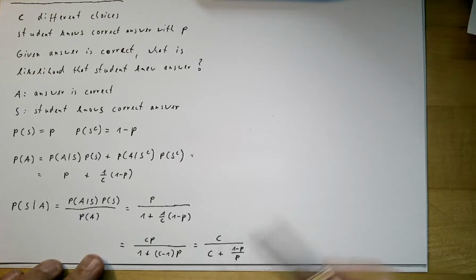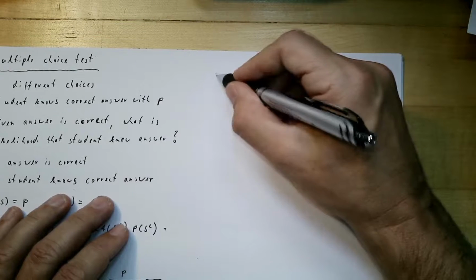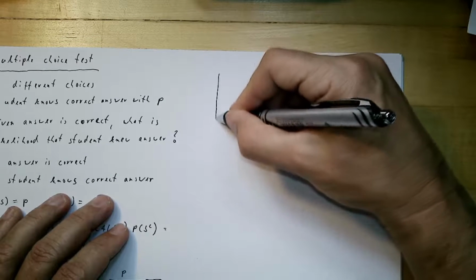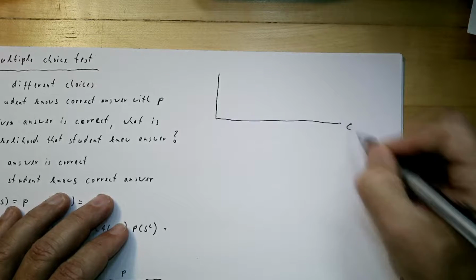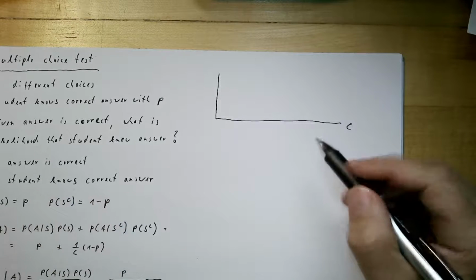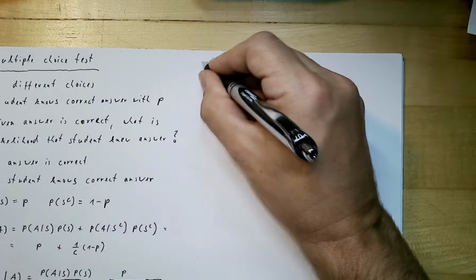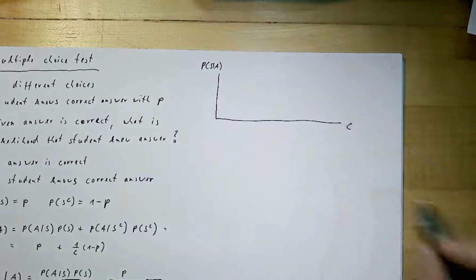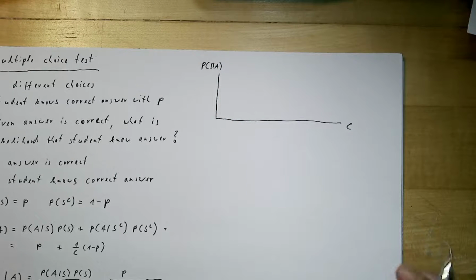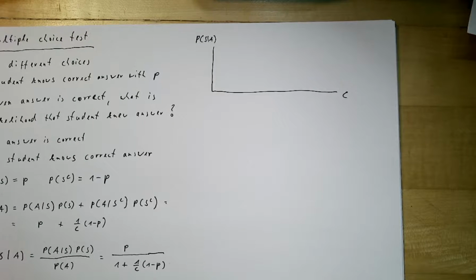So I now want to graph this. That's C, my number of choices, and what I want to know is this conditional probability that the student really knew the answer when he gives the correct answer. And you can see this is a saturating function.